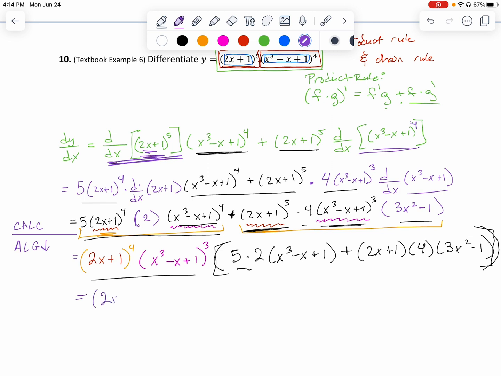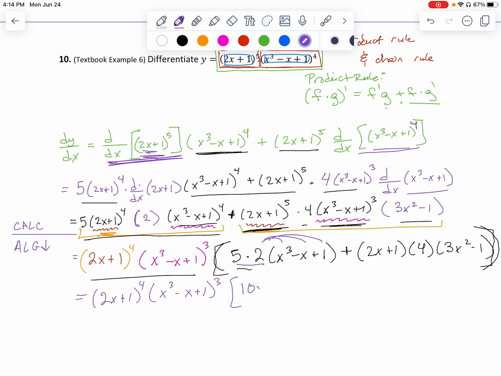So I'm just going to copy down the first 2 terms because those I've already factored out. I'm pretty satisfied with those. What can I do here though? Let's see, 5 times 2 is 10. Oh yeah, that's 10. And then I'll take that 10 and distribute it.